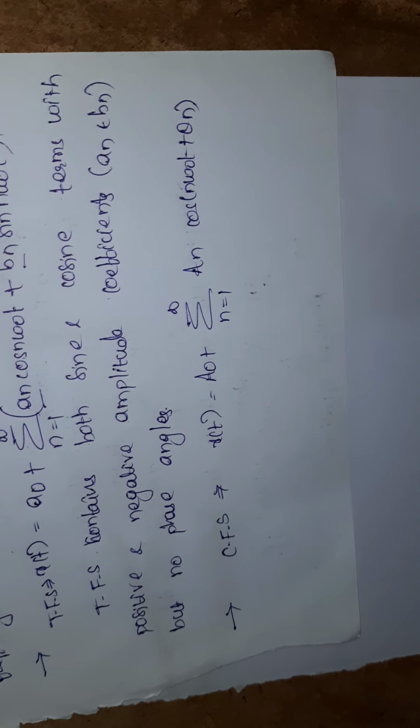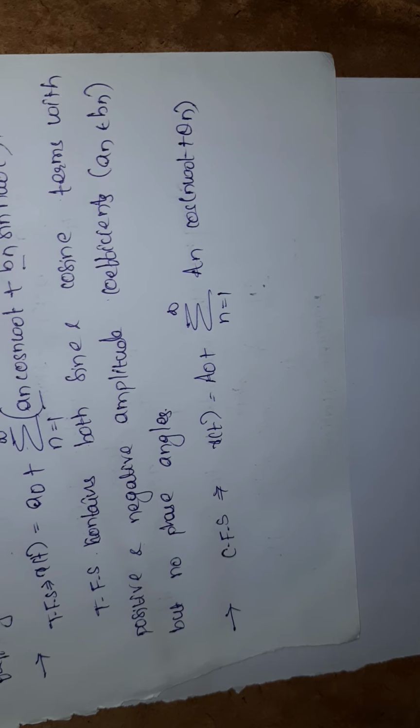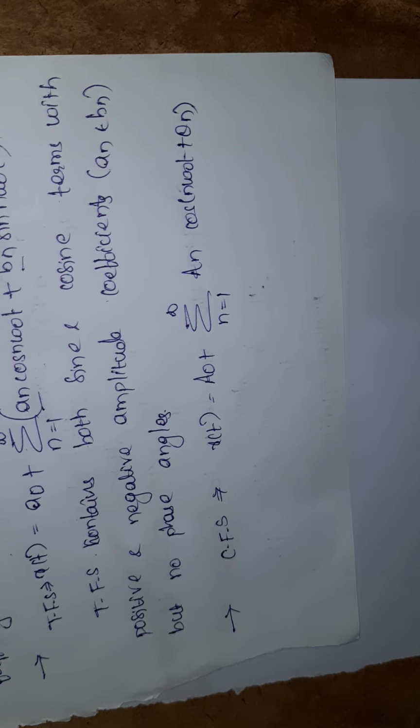Here a1, a2 up to an are the harmonics, first harmonic a1, second harmonic a2. This cosine form is also known as harmonic form, or polar form of Fourier series.